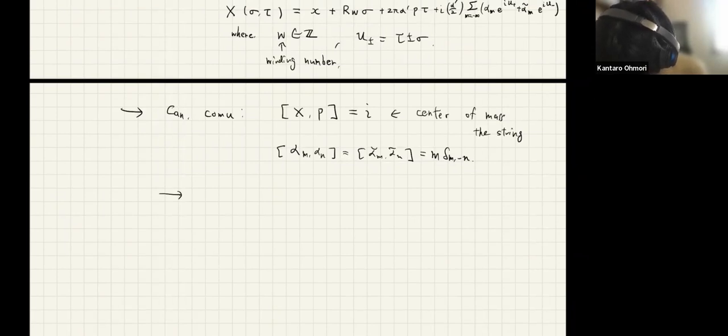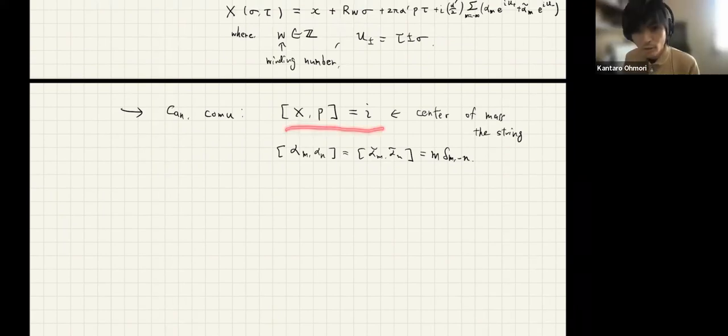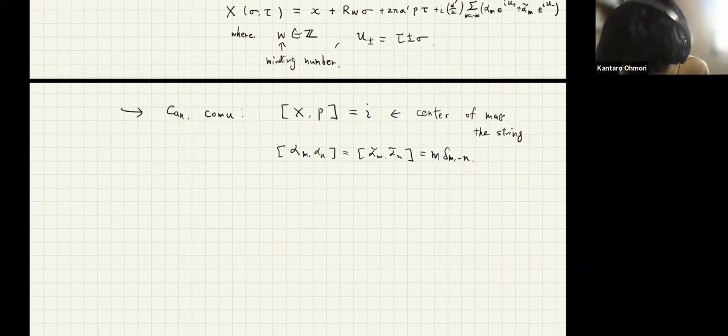Also, for this part, this is a usual commutation relation, where h bar equals 1. But I put that x is periodic, so x is identified with x plus 2 pi r.